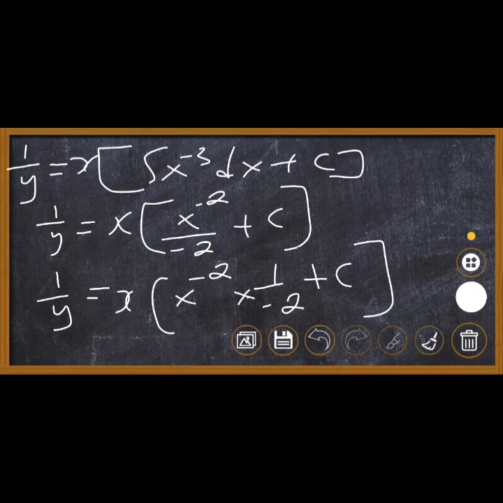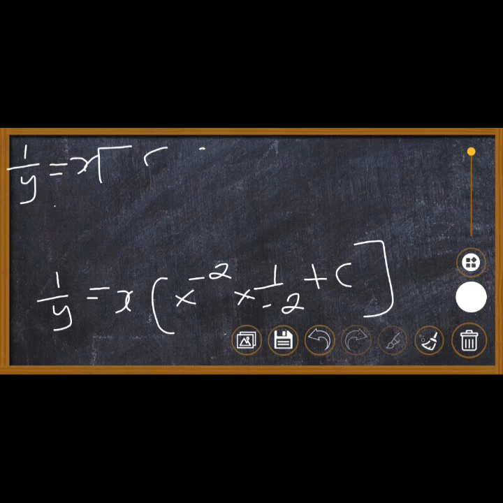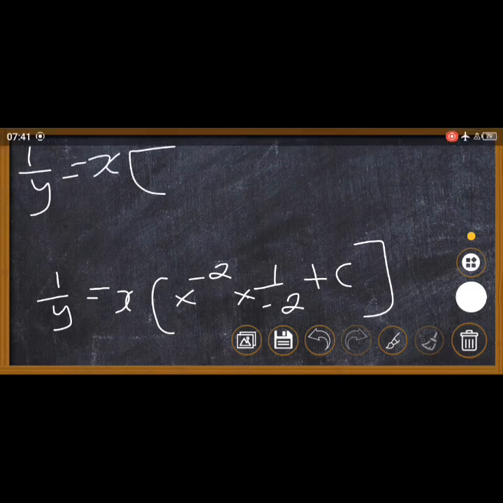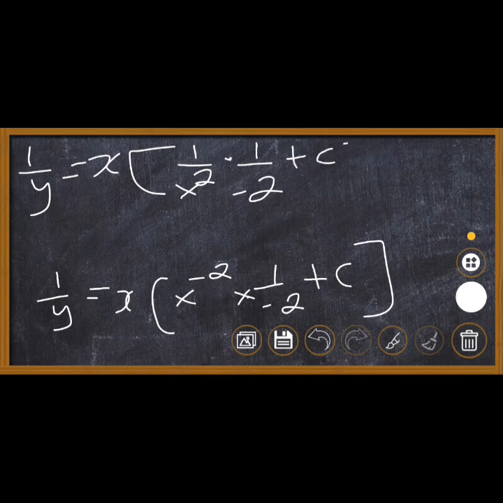So let's simplify again further. We have 1 over y equal to x. When we have x power negative 2, it is the same as 1 over x squared, multiplied with 1 over negative 2, plus constant c. I'm just simplifying this expression that we have.